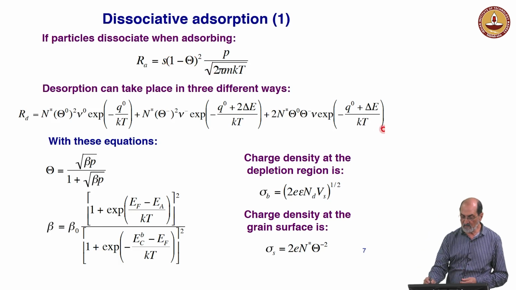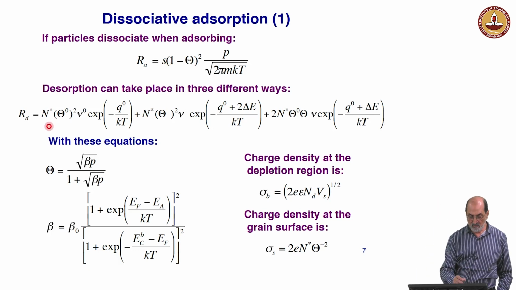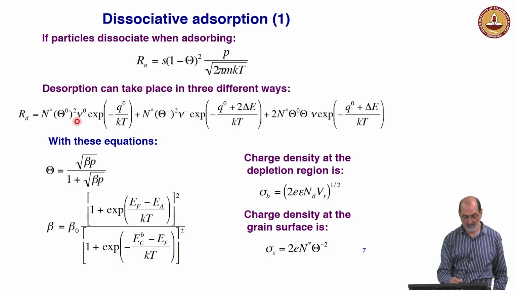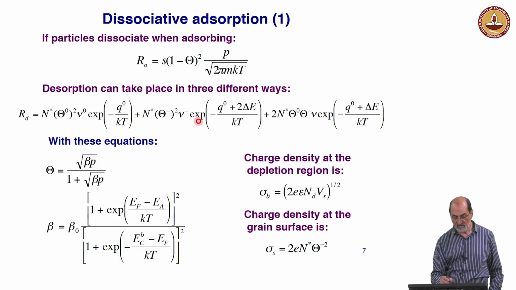And now desorption can take place in three different ways. Neutrals are going to desorb as before. Now it's a second order reaction, that's why the coverage is squared, because we need two atoms on the surface to go together. Two ions can come up together, and here we are going to get rid of two electrons, so that's why we have a 2 here.